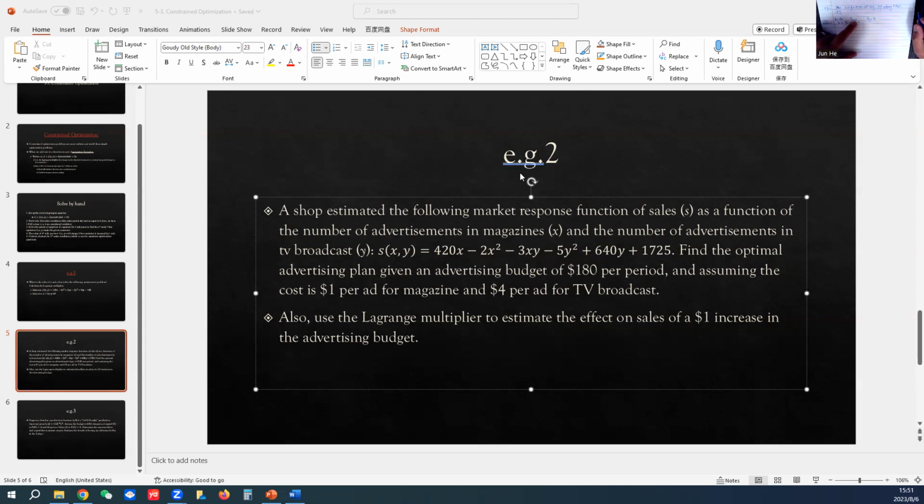Because PX is the unit price for advertisement on magazine, and PY is the unit price for advertisement on TV broadcast. So the total expenditure on TV broadcast is PY times Y, on magazine is PX times X.